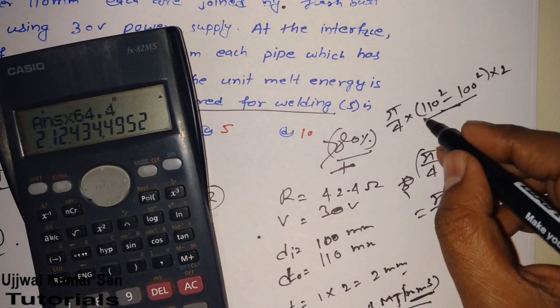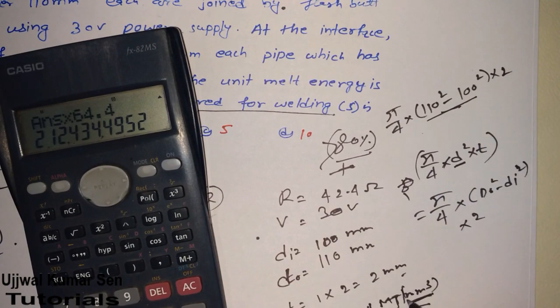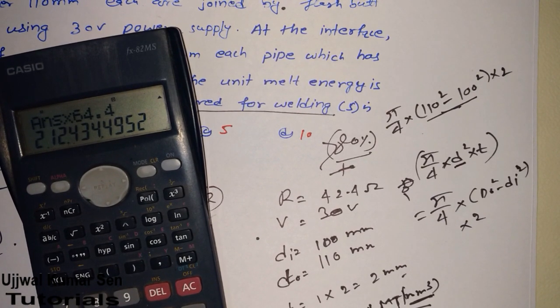This is given in millimeter, this one is also given in millimeter, but here we did not multiply with mega. Mega means 10 to the power 6. So we have to multiply that with this also to get the exact values we require, right?